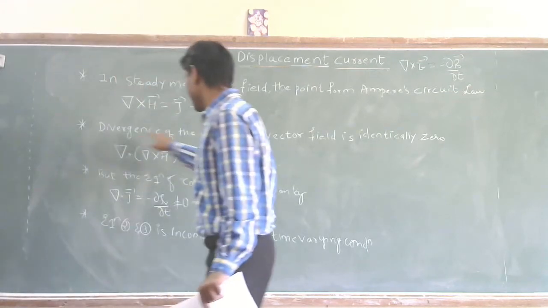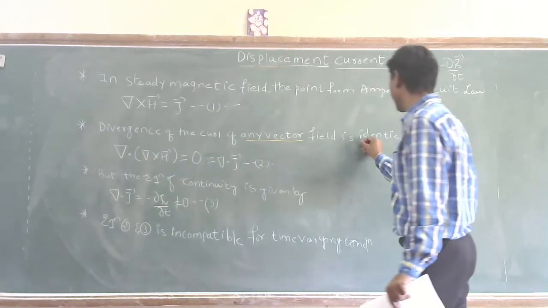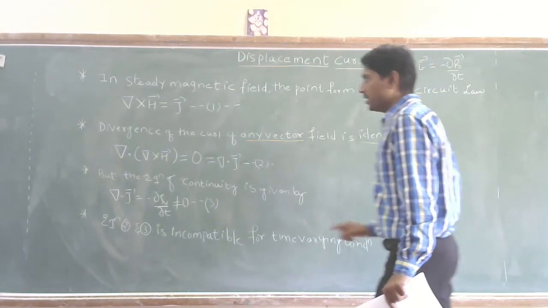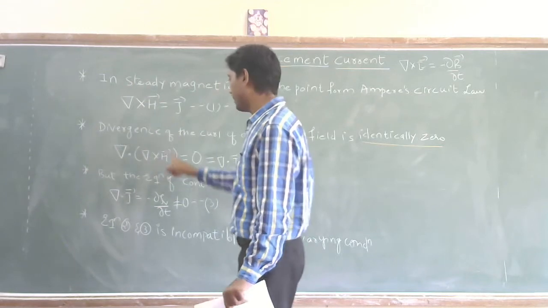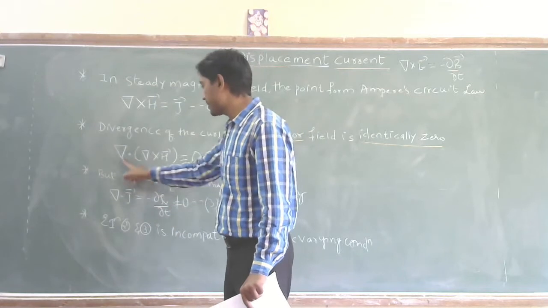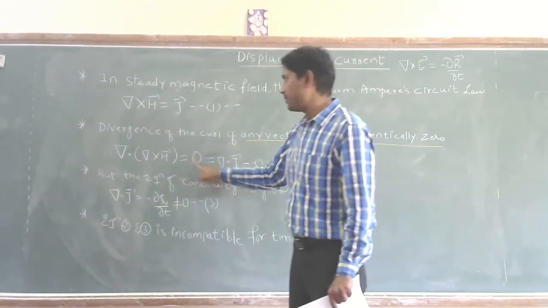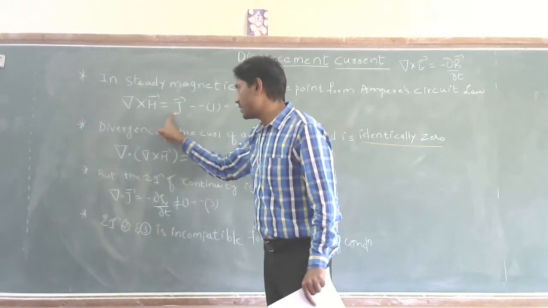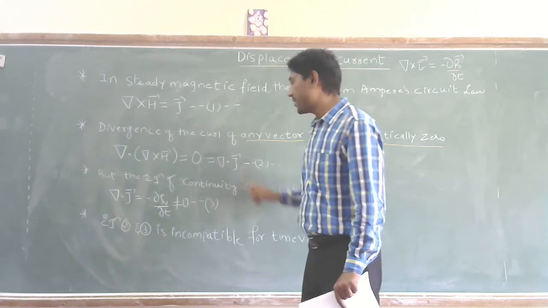So if I take the divergence of a curl of this particular field, it should be 0. Which means I should take the divergence on both sides, and hence the right side is del dot J.